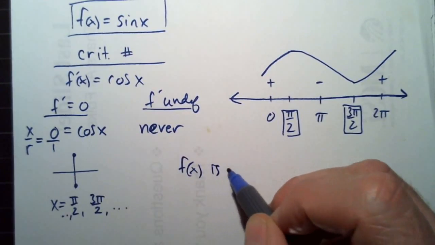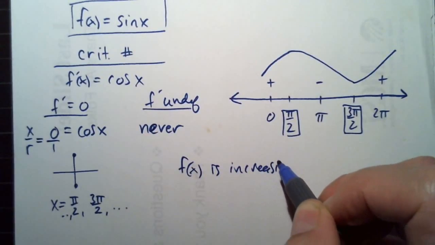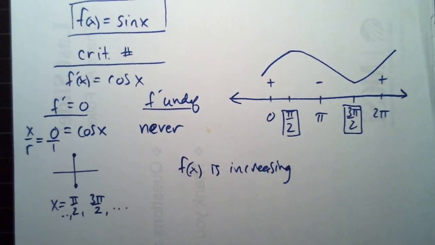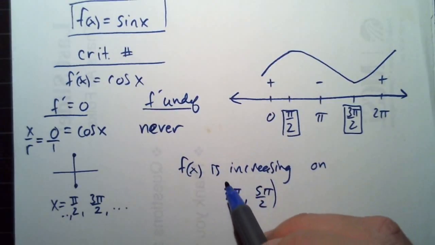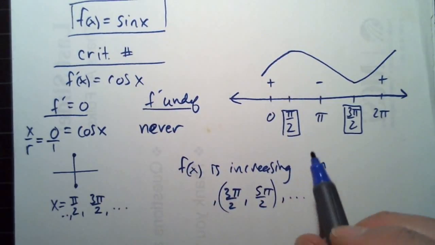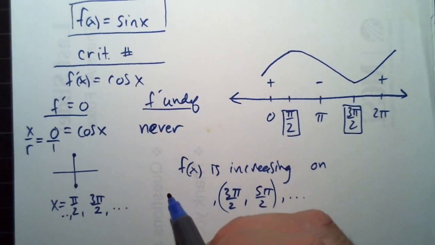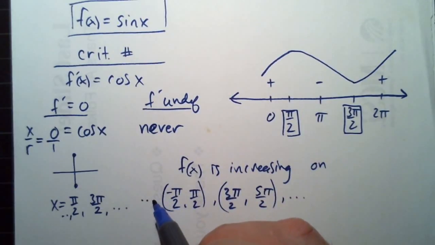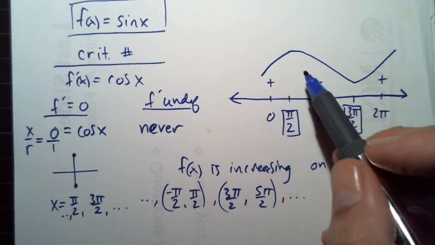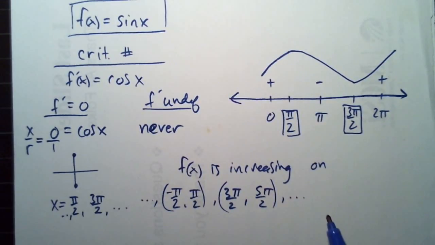So we say that f of x is increasing on the intervals, and let's write 3 pi over 2, it'll go up to 5 pi over 2, and then it's increasing from negative pi over 2 to pi over 2. We know that cosine oscillates forever, so we have all these repeated intervals.